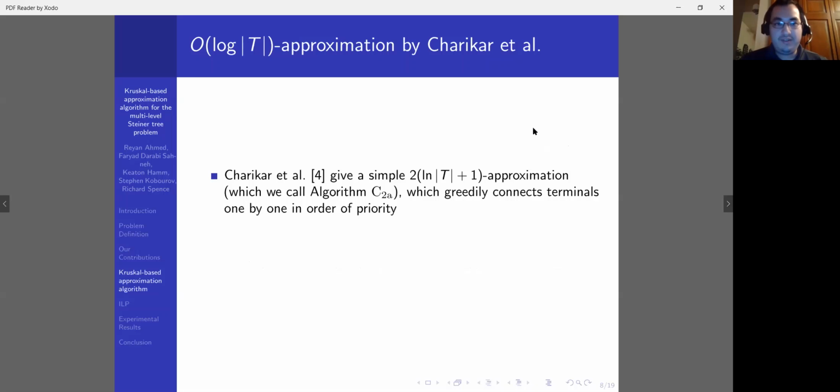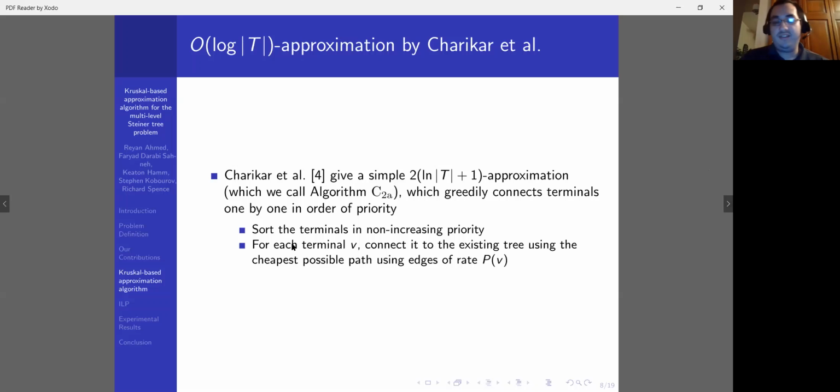First, let's review the 2 ln t approximation by Charikar et al. The idea behind this algorithm is fairly simple. It's a greedy algorithm. This algorithm considers the terminals by order of priority, starting with the highest priority terminals, and simply connects each terminal to the existing tree using the cheapest possible path, taking into account the costs at each rate.